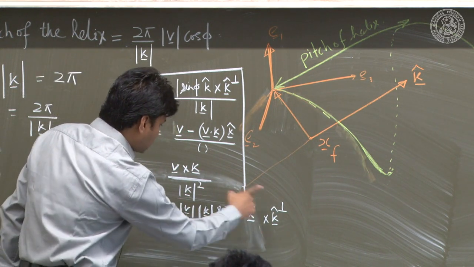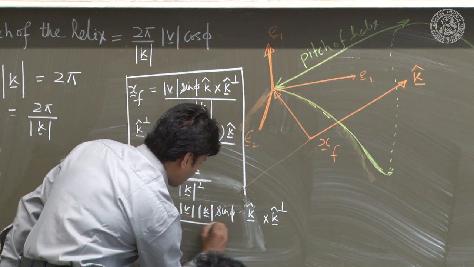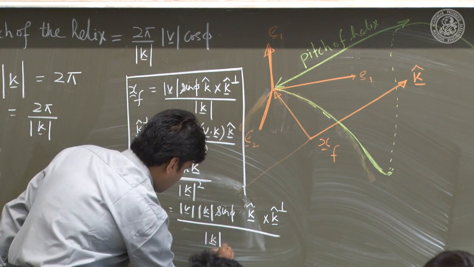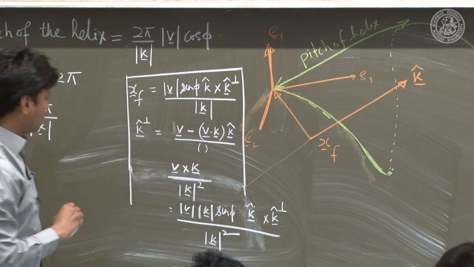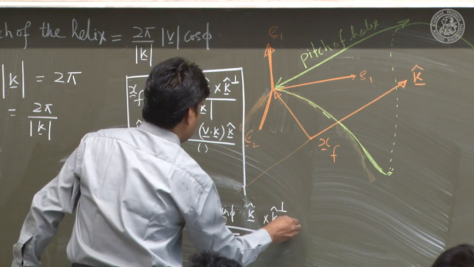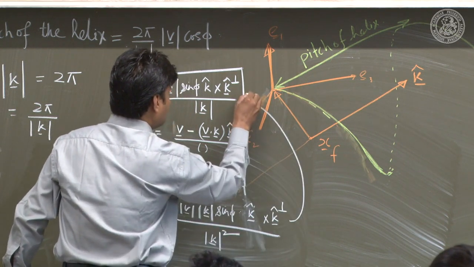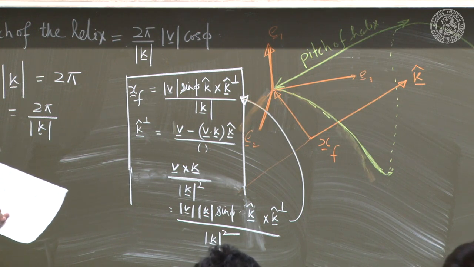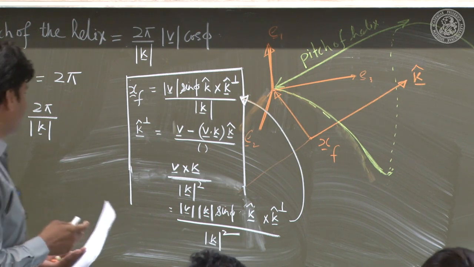So this takes care of the numerator, and then I divide by the denominator k squared, magnitude of k squared, and then you can see I get this. Okay. Yeah, that was not so easy.